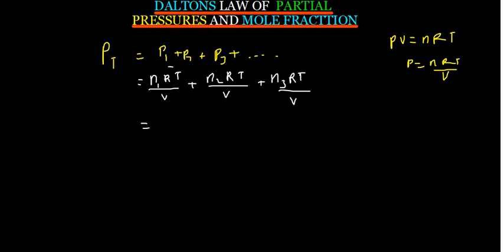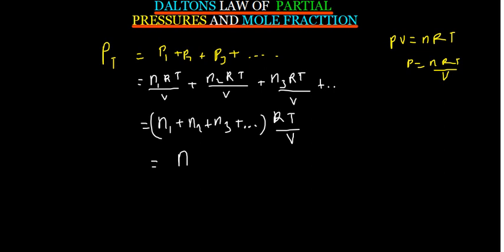So I can factorize out RT over V because it's common, and we are going to have N1 plus N2 plus N3, and so on, because it continues like that. This N1 plus N2 plus N3 and so on is the total number of moles.